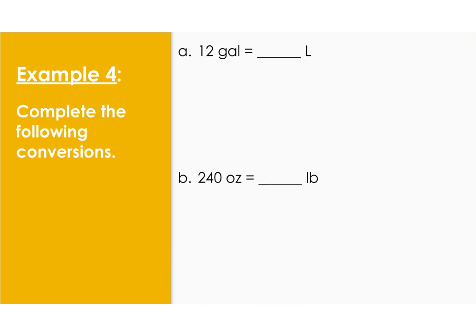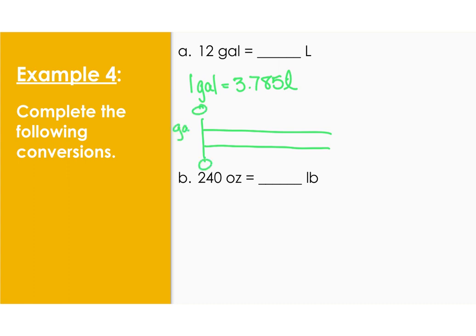Okay, we're going to complete the following conversions. 12 gallons equals how many liters? So we need to go back and get the conversion for gallons to liters. So once again, we can use that double number line. We start with our zeros, but we will put gallons on top, liters on the bottom.